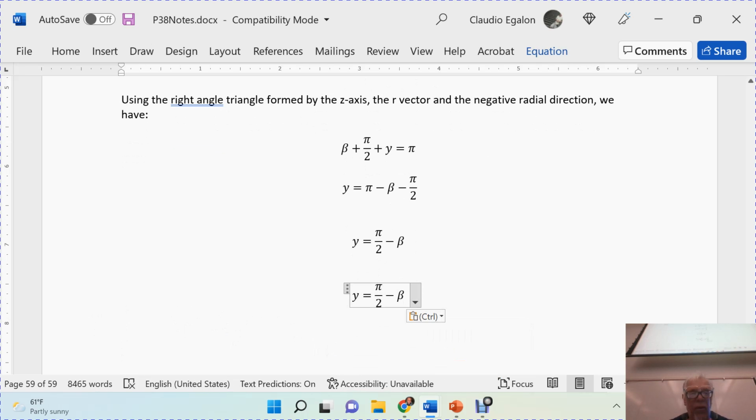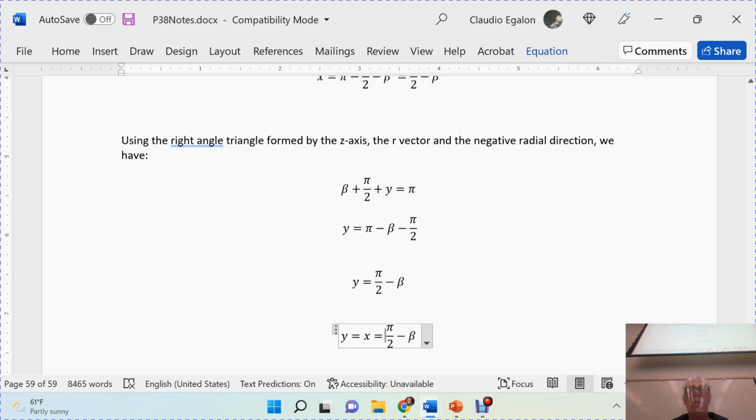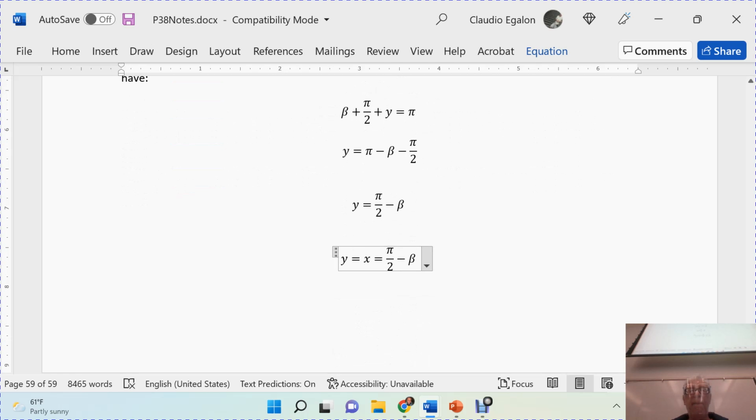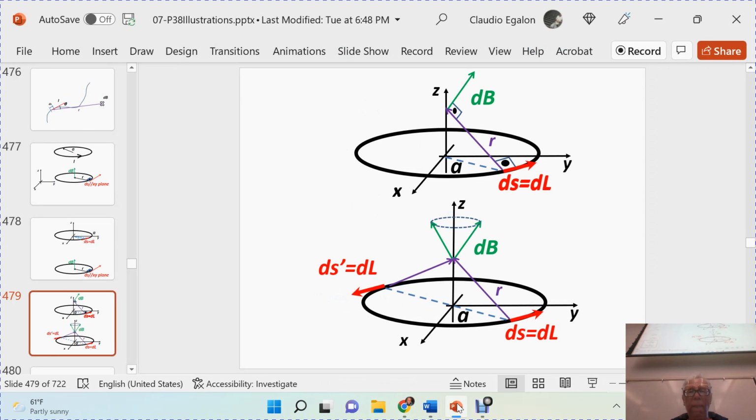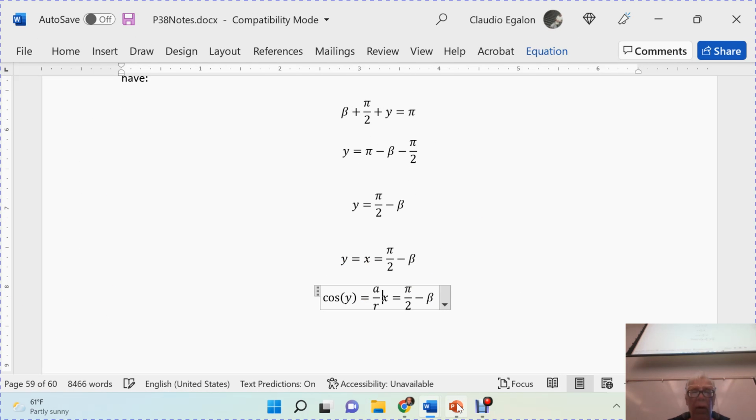Y equals x equals pi over 2 minus beta. And, you know, cosine of y equal to, let's see here, a over r. A over r.